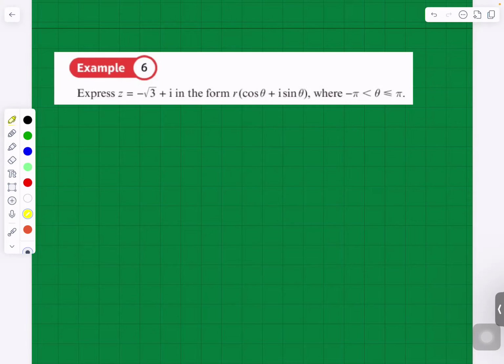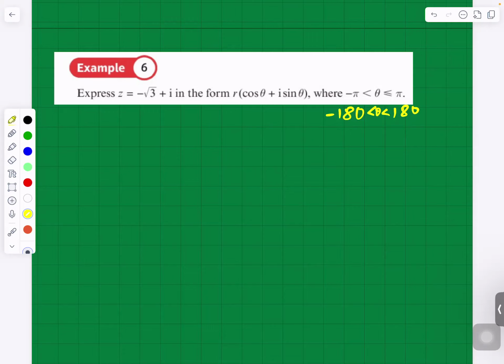Perfect. The angle is between minus pi, which is minus 180, up to 180. They use pi because this is done in radians, but that's what it means. So minus pi means minus 180 and pi means 180.